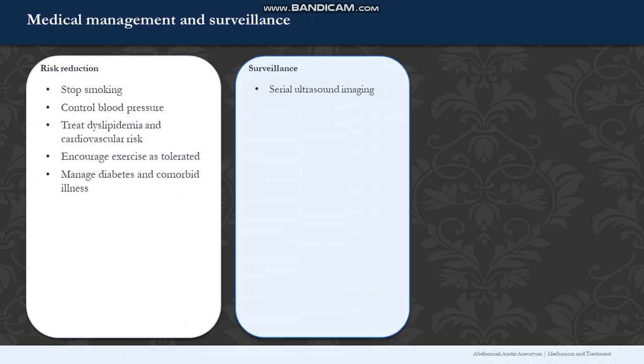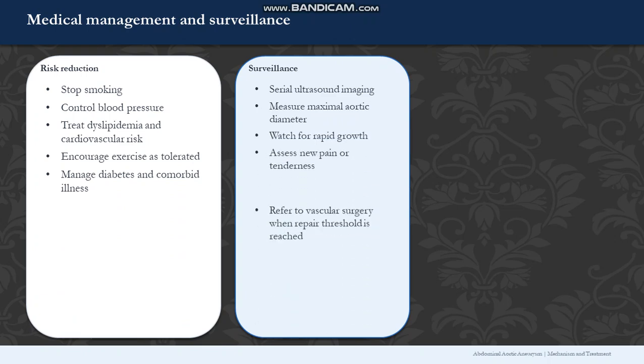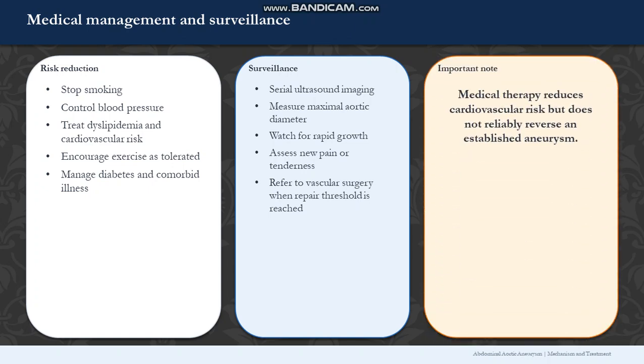For surveillance, serial ultrasound should measure aortic diameter; if there is rapid growth or new pain or tenderness, refer to vascular surgery when repair thresholds are reached. Medical therapy reduces cardiovascular risk but does not reliably reverse or stabilize an established aneurysm. A large or symptomatic aneurysm requires procedural repair.